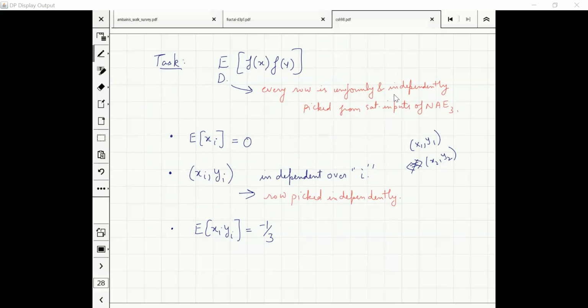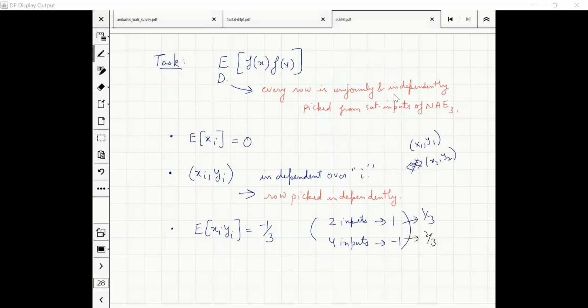So Xi times Yi is 1 with probability 1/3, and -1 with probability 2/3.